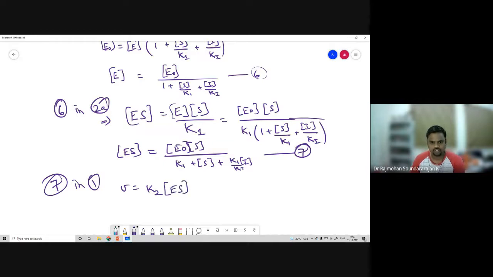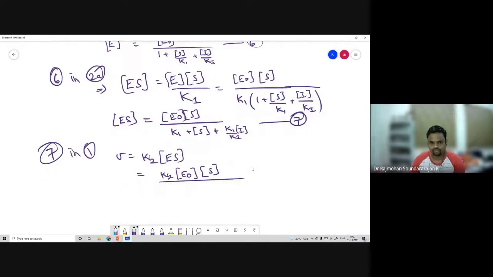Substituting, we have K2 into E naught into S divided by K1 plus S plus K1 by Ki into I. Let it be equation number 8.